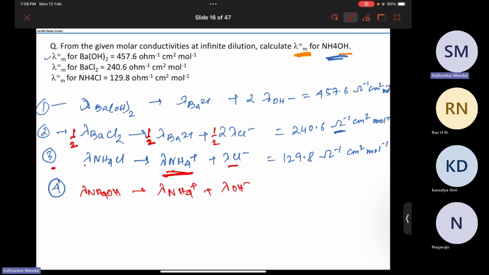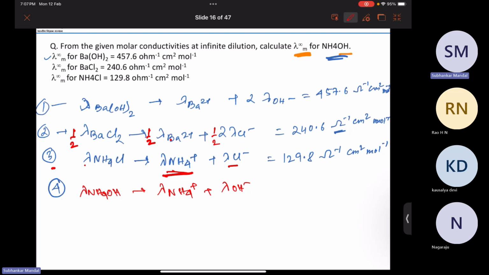If I subtract this, then Cl minus will be subtracted. But then barium 2 plus will also come with a minus, so I have to remove that also, and then sum that one.